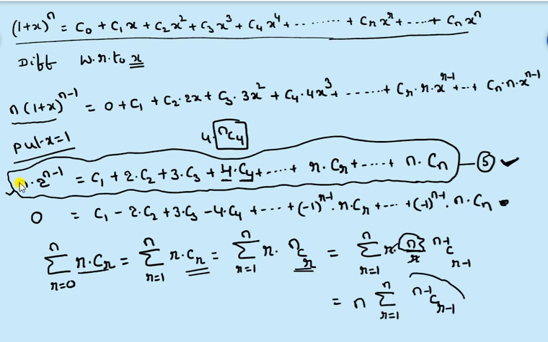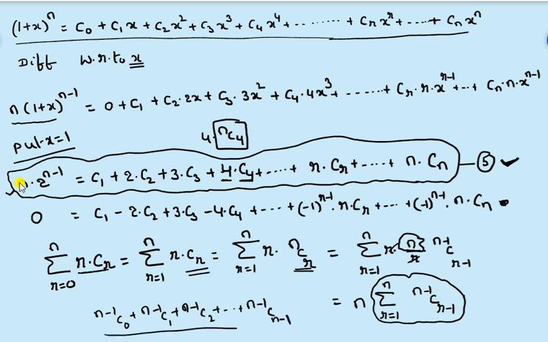Can anyone say what we can write this one as? So this is nothing but, observe here, you will get n minus 1 C0 plus n minus 1 C1 plus n minus 1 C2 plus and so on plus n minus 1 C n minus 1, if you expand that summation. But this is nothing but 2 to the power of n minus 1, or not?